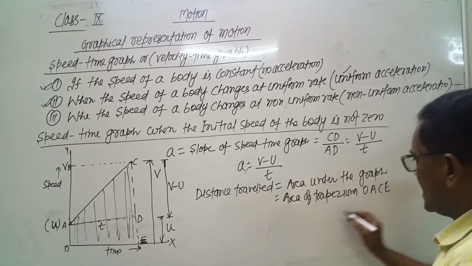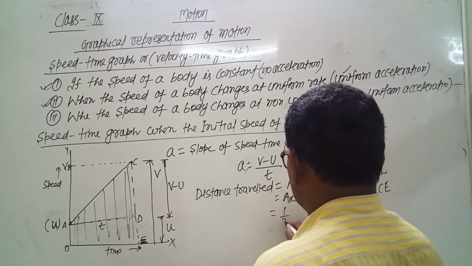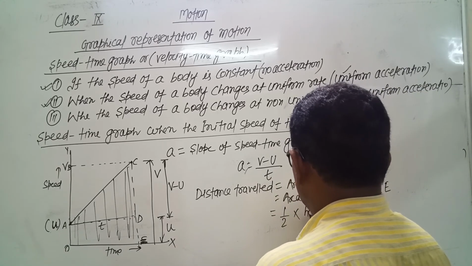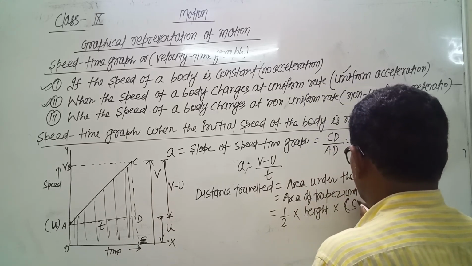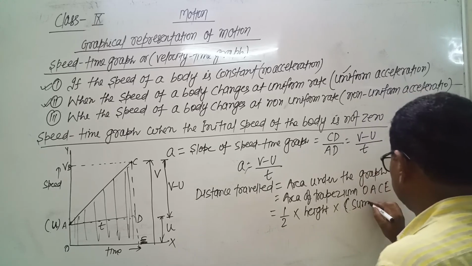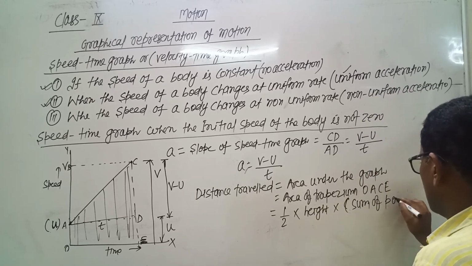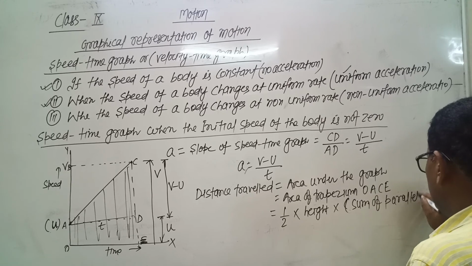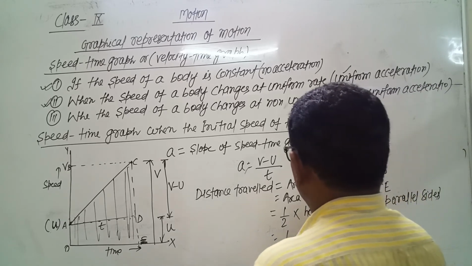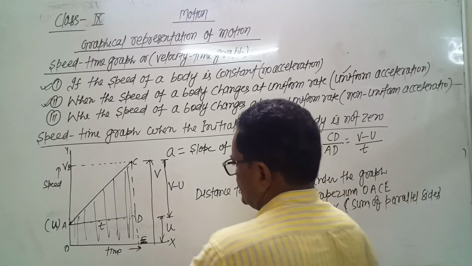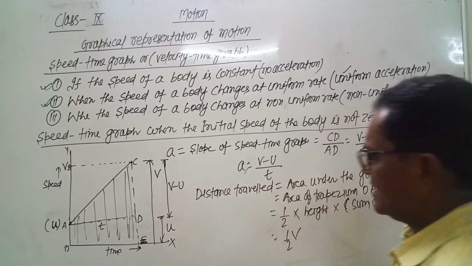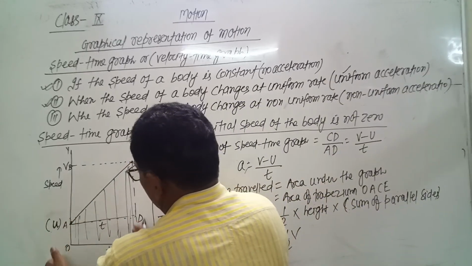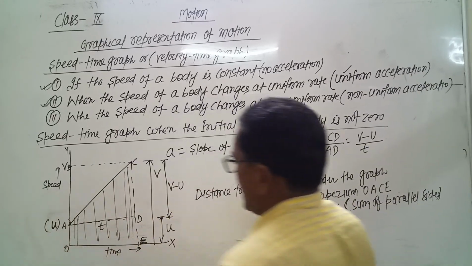The area of a trapezium is calculated by half into height into sum of parallel sides. Half into height means OE, as the distance between two parallel sides is called height.